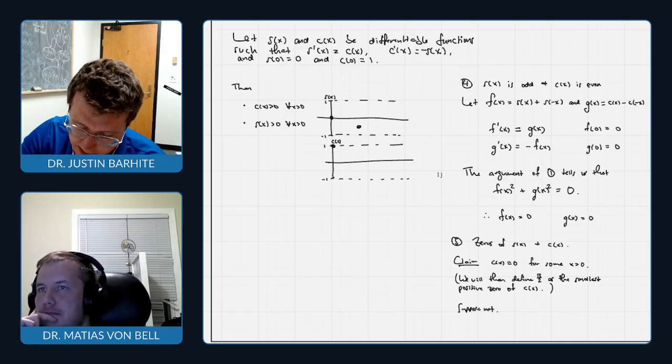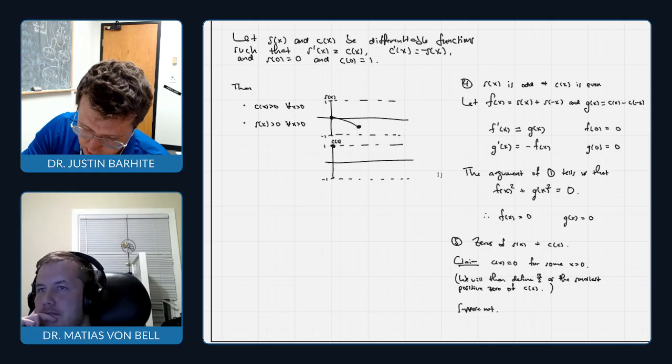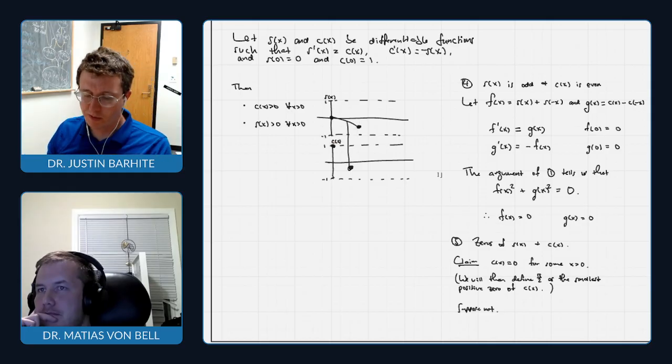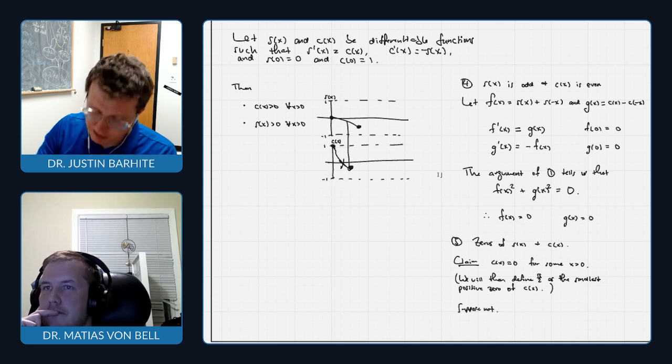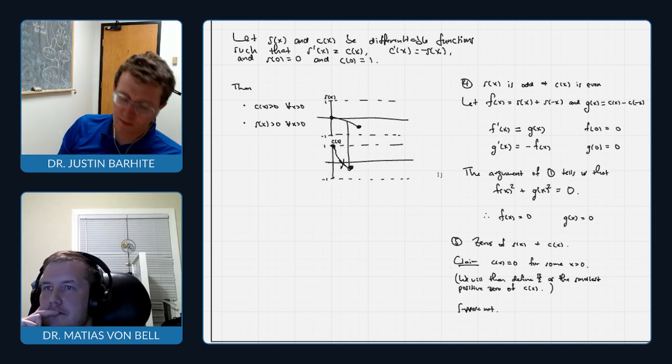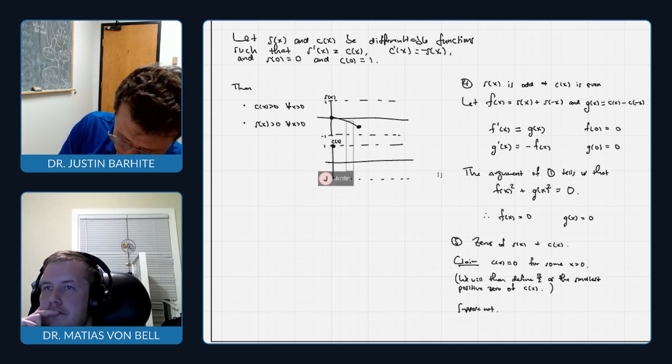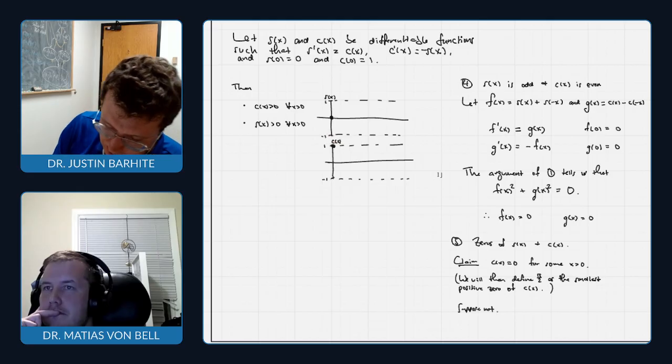It's also never negative, because then by Rolle's theorem, or sorry, the general mean value theorem again, that would force C of x to be negative at some point. And by the intermediate value theorem, that would force C of x to have a 0. So I can conclude that S of x is always positive.